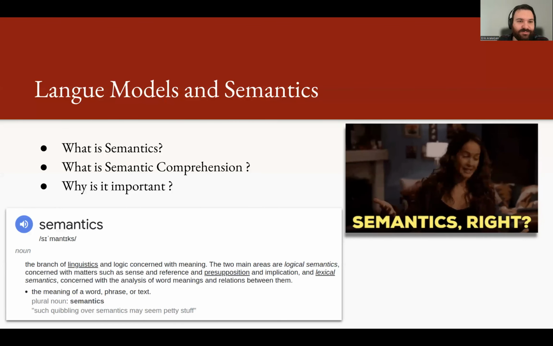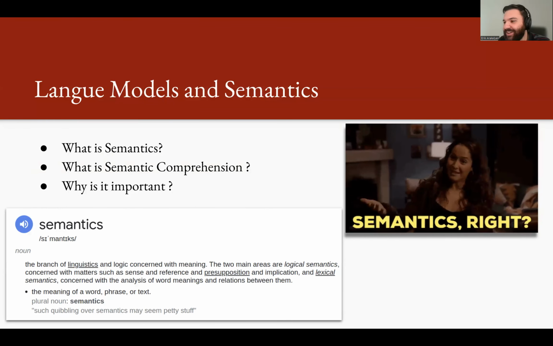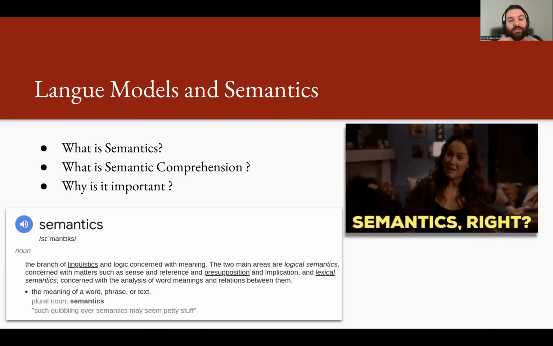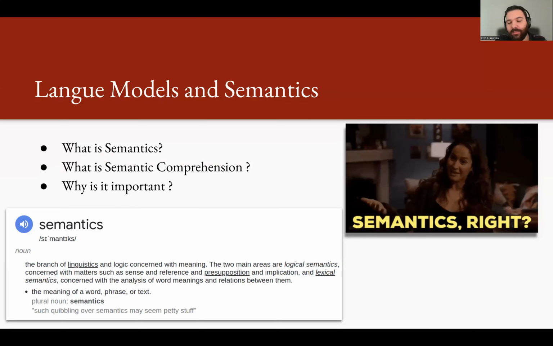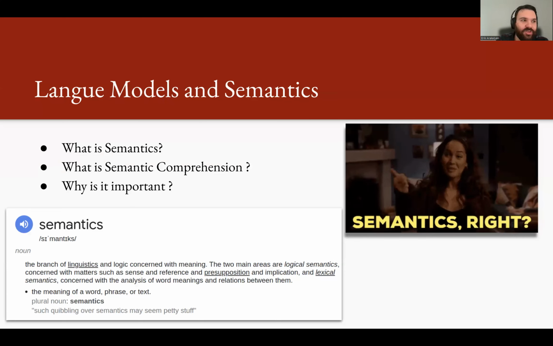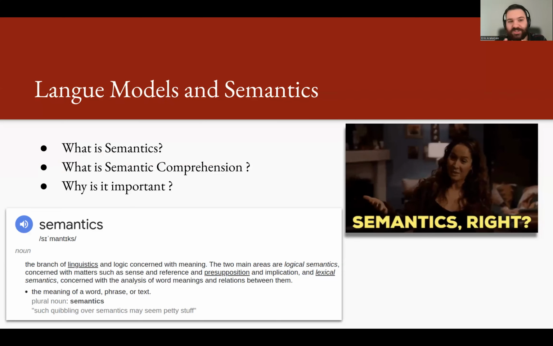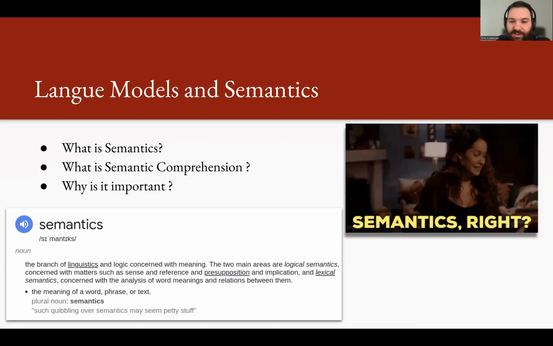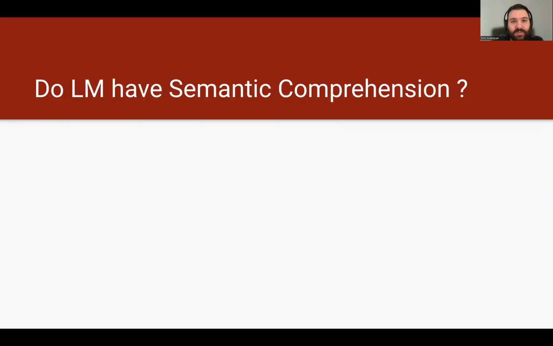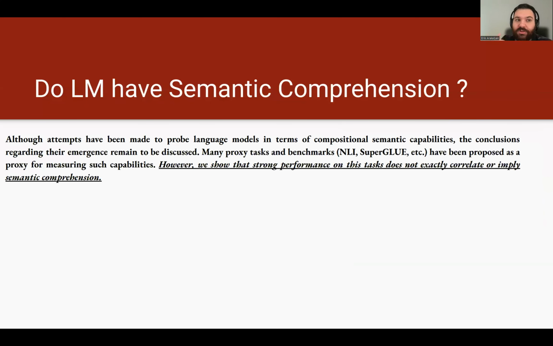Obviously, it is important to understand how much the models are capable of this type of task, and how much they are incapable or insensitive to semantic comprehension and semantic changes. So the general question is, do language models have semantic comprehension?